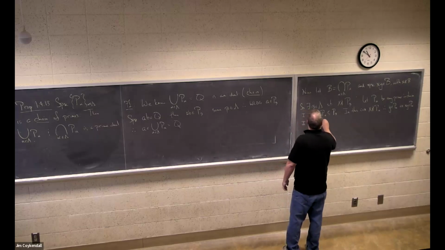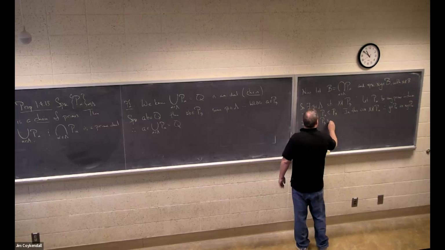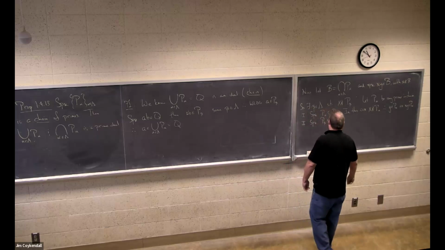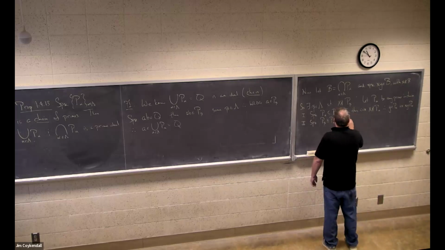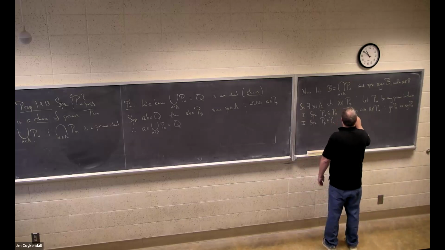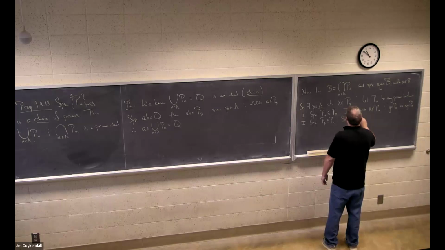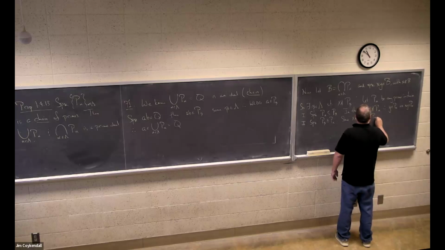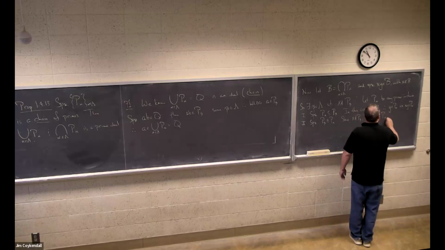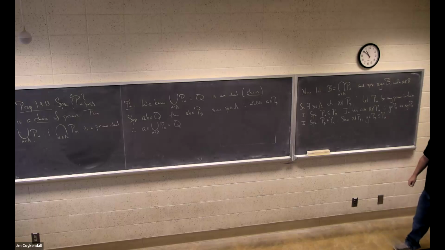suppose P beta is contained in P alpha. Well, in this case, since X is not in P beta, Y must be in P beta, which is contained in P alpha. Right?